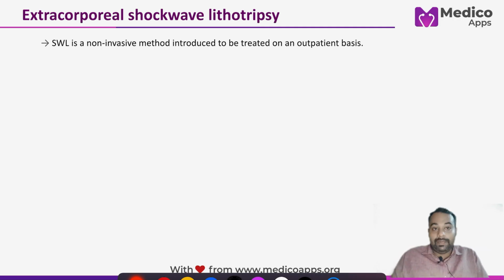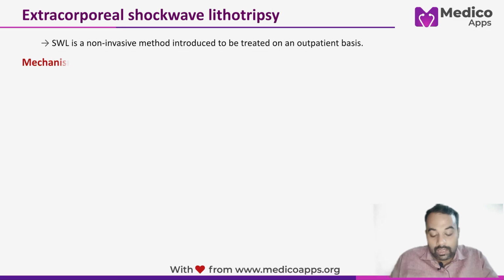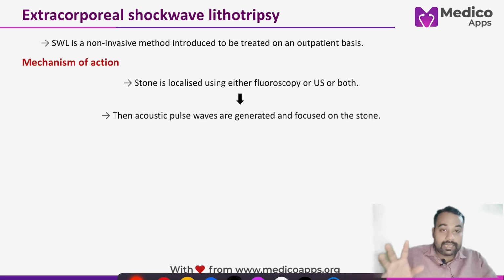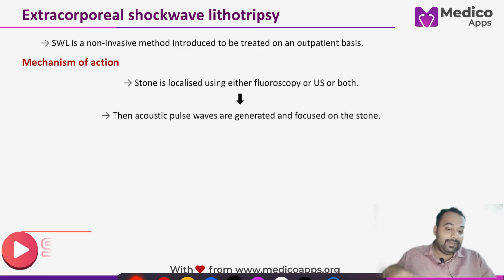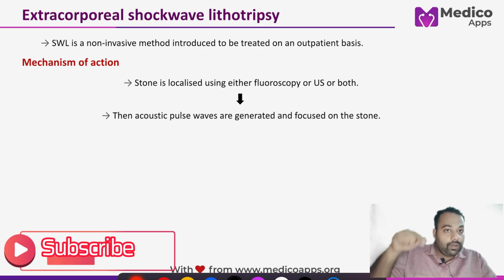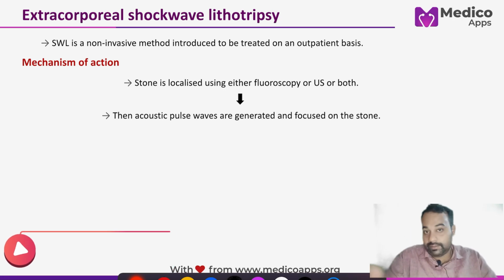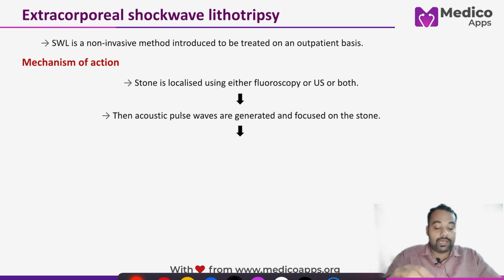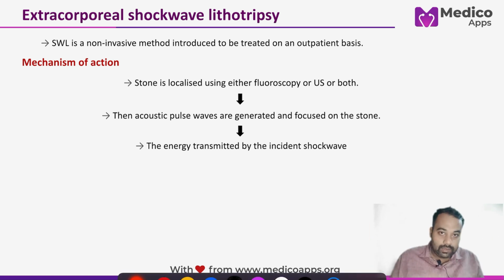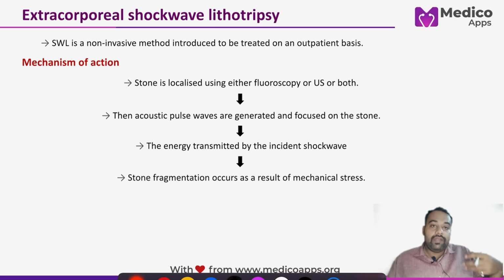So what it basically does is locate the stone first, either through ultrasound or fluoroscopy, followed by a targeted acoustic pulse that is basically generated and focused on that particular stone. As a result, it breaks into multiple fragments as a result of energy transmission. And now this fragmented stone can be easily evacuated through the urinary tract.